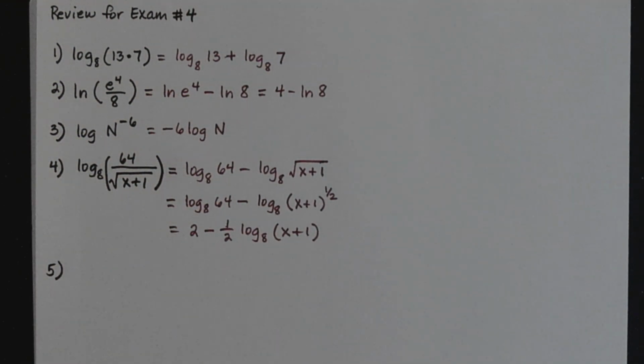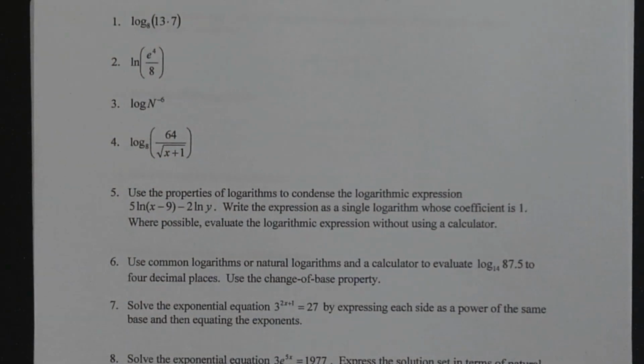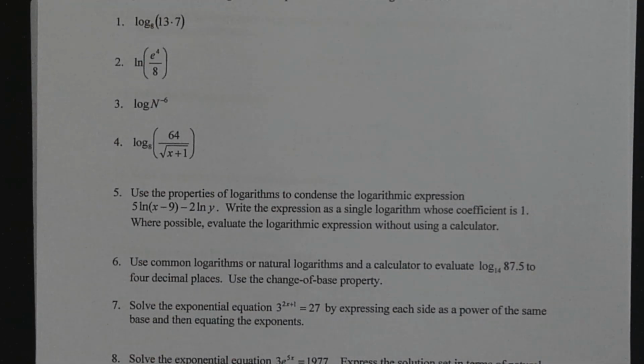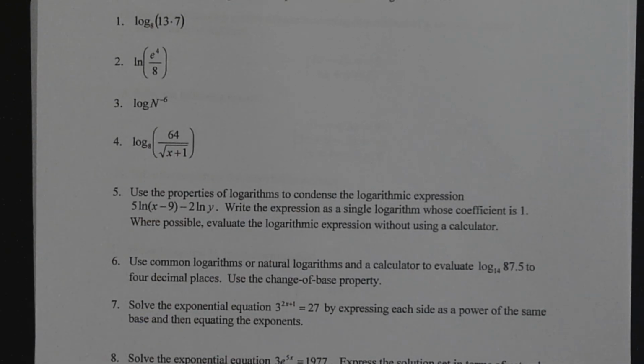All right, now problem number 5 is this. Here we're going to use the properties of logarithms to condense the logarithmic expression 5 times the natural log of the quantity x minus 9 minus 2 ln of y. And here we're going to write the expression as a single logarithm whose coefficient is 1, and wherever possible, evaluate the logarithmic expression without using a calculator.